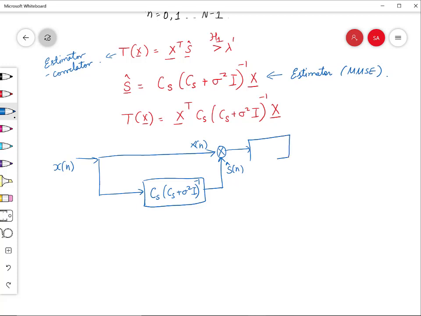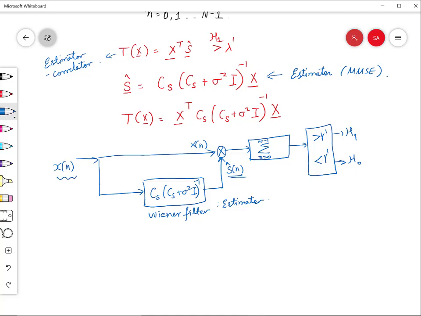Then we summed it from n equal to 0 to capital N minus 1, and then passed it through a detector, deciding H1 or H0. We call this a Wiener filter, or you can call this an estimator. So this is our estimate for Sn from Xn.